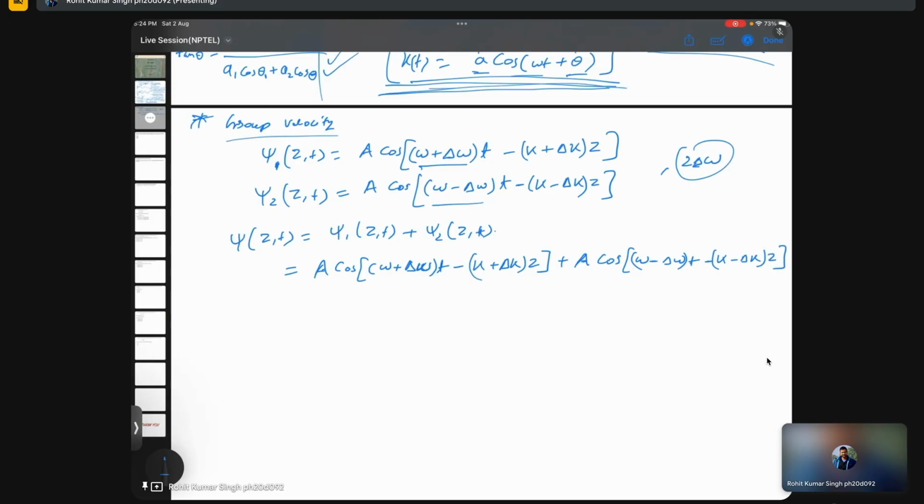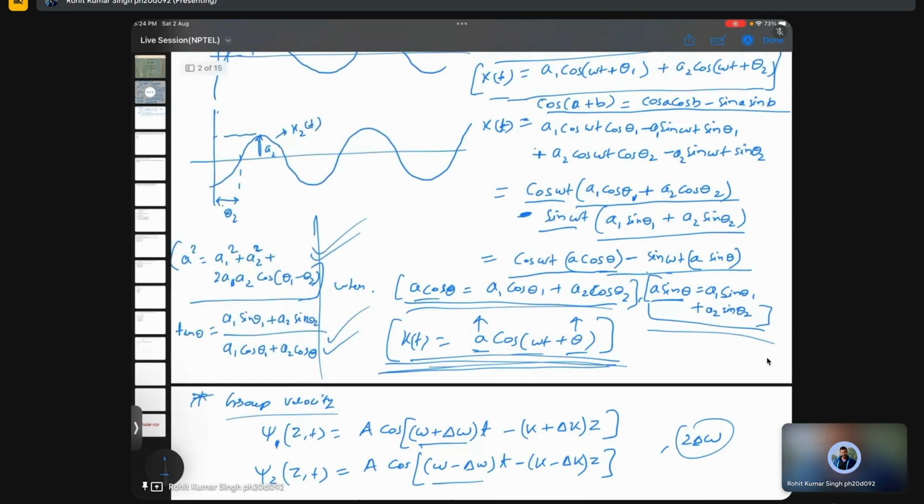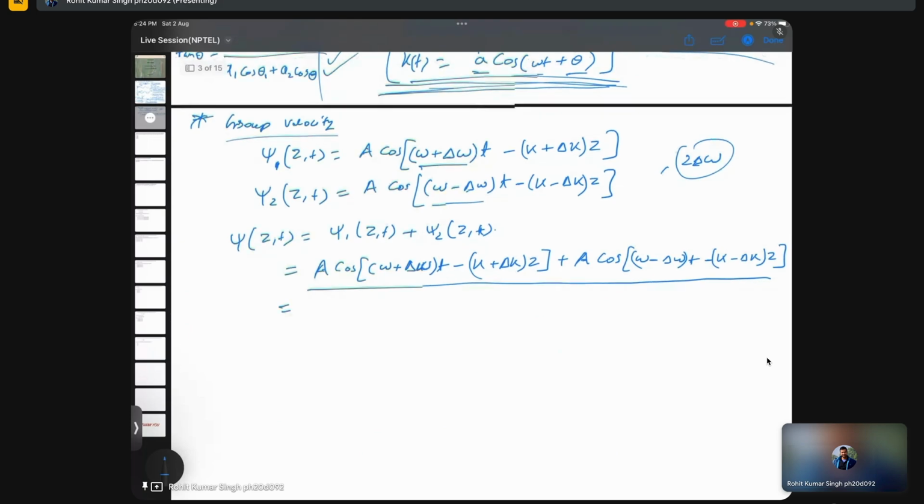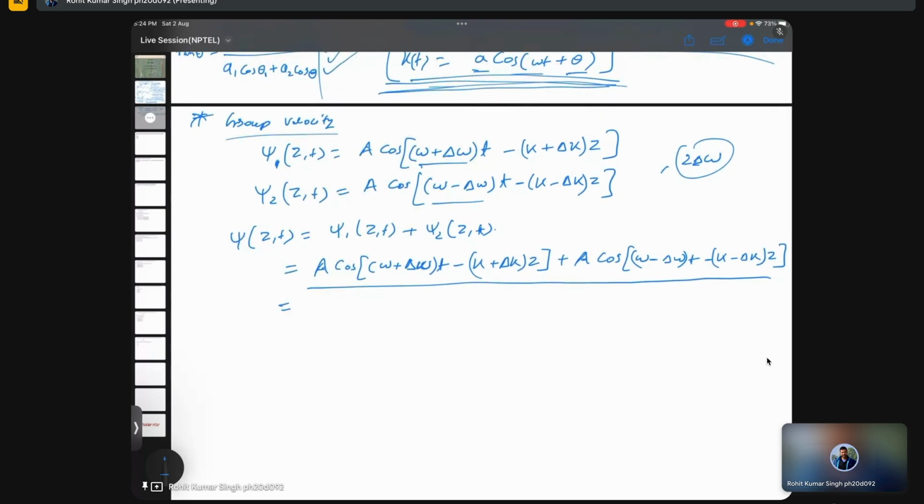Okay, so this is the superposed wave. Now if you work it out, you use the same relation, cos A plus B and cos A minus B. It will be a little long, and many things will cancel out, but what will remain is this quantity that I am writing.